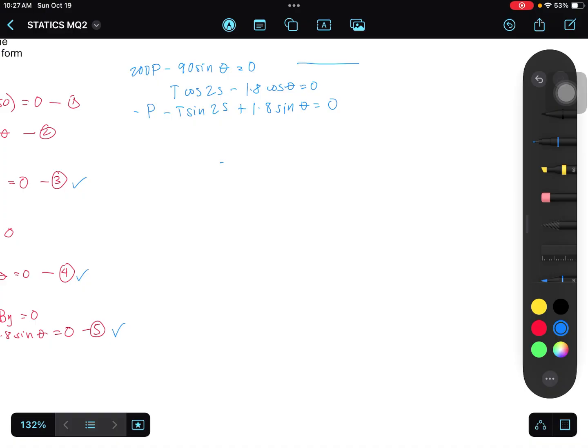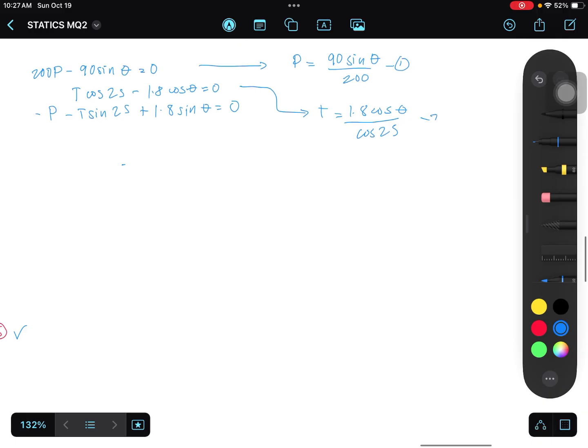So, let's simplify this muna. Isolate natin si P. So, it will be P equals 90 sine theta over 200, from equation 1. Then, let's isolate T dito: T equals 1.8 cosine theta over cosine 25, from equation 2.